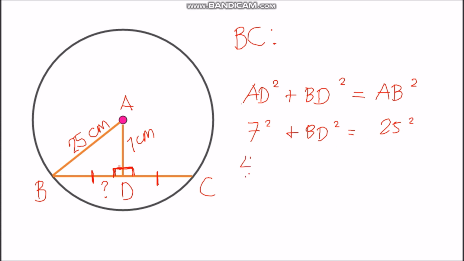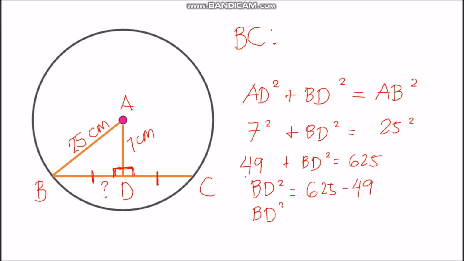Next, this is 49 plus BD squared equals 625. Then just transpose 49. So you have BD squared equals 625 minus 49, which is equal to 576.